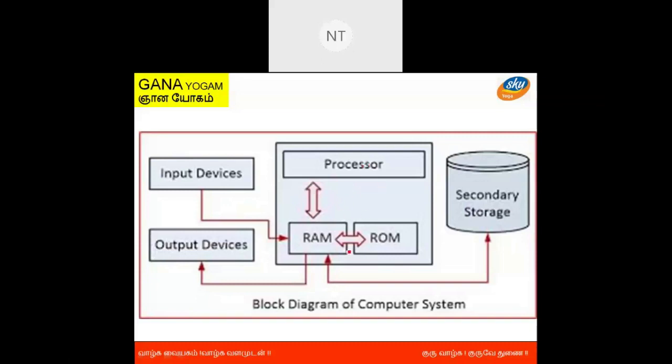But the ROM is basically the one which is built in. Whenever you buy a computer, you know that the computer is 1 terabyte and 32 GB RAM, and like that they say. So this information is stored in this place, that is read-only memory.